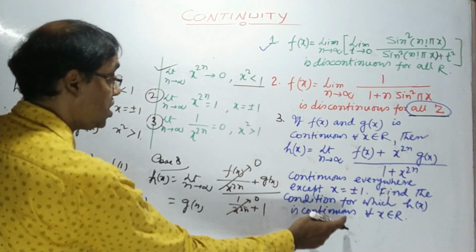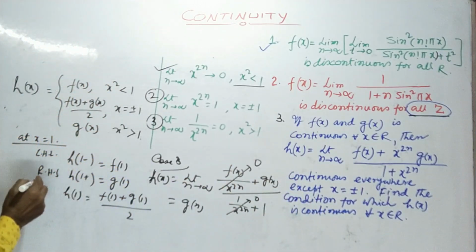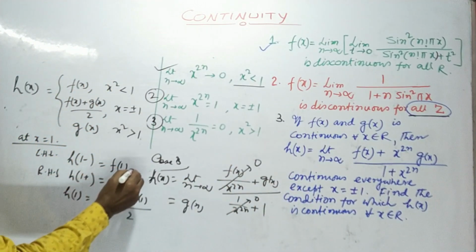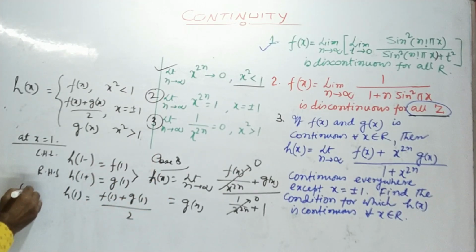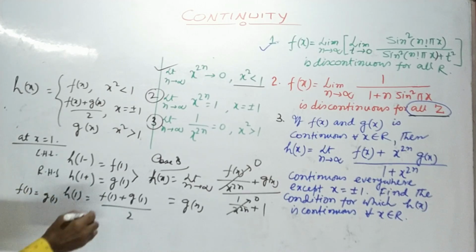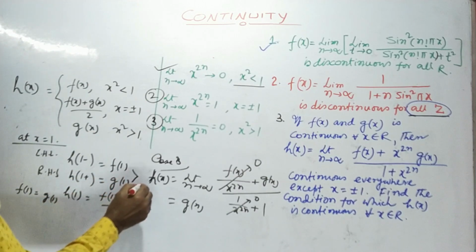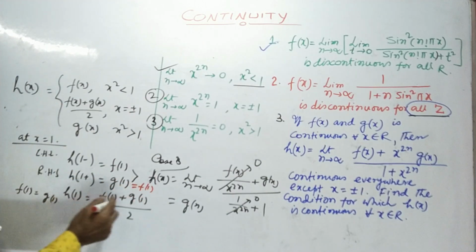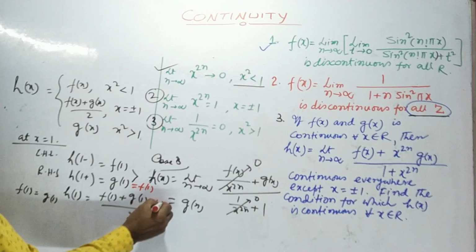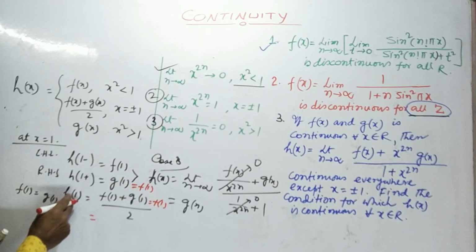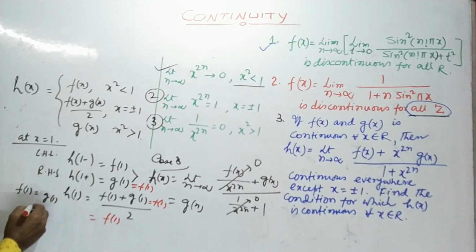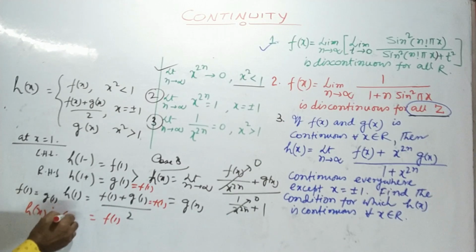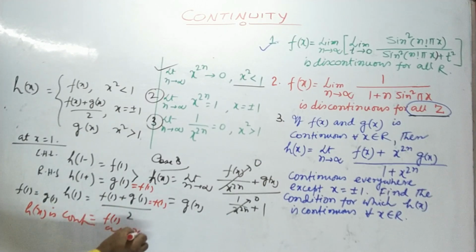So we say at x equal to 1, h(x) is not continuous. To find the condition for it to be continuous, the left hand limit, right hand limit and the value must be equal. If we set f(1) equals g(1), then the left hand limit is f(1), the right hand limit is also f(1), and g(1) is also f(1). Therefore h(1) equals f(1), so h(x) is continuous at x equal to 1.